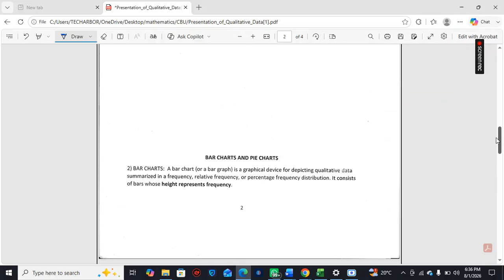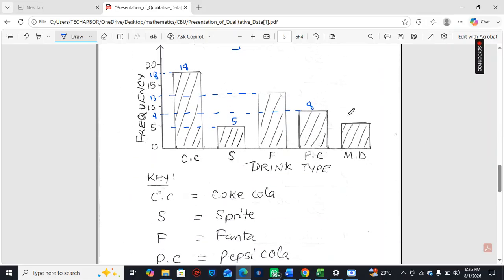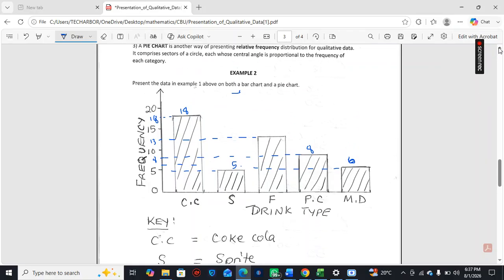Mountain Dew 6, which is somewhere here. Yes, colleagues. This is how you make your bar chart. Any questions?